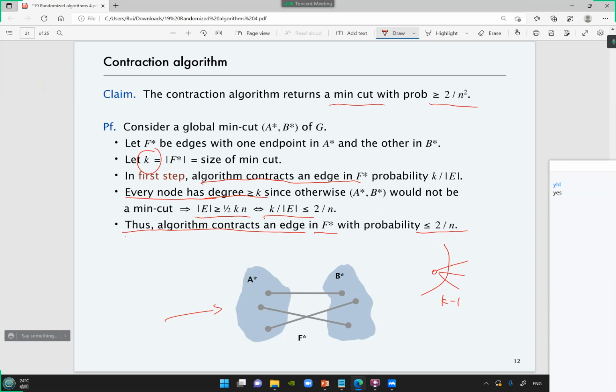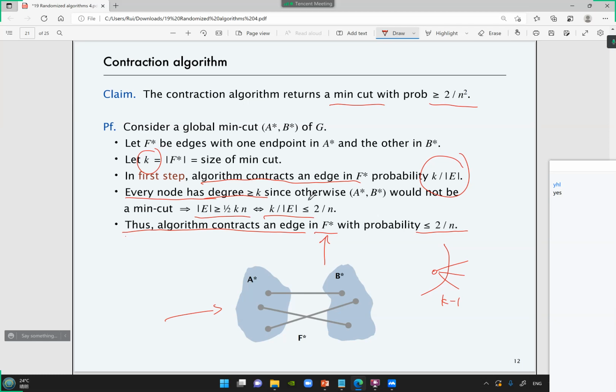So in the beginning, the algorithm has a very good chance of not hitting one of these special edges. We don't want it to contract these F edges. In the very first step, because your min-cut is small, that's why it's the minimum cut, it's small compared to the number of edges. So you have a very small probability of actually contracting one of your min-cut edges. That's a good thing.